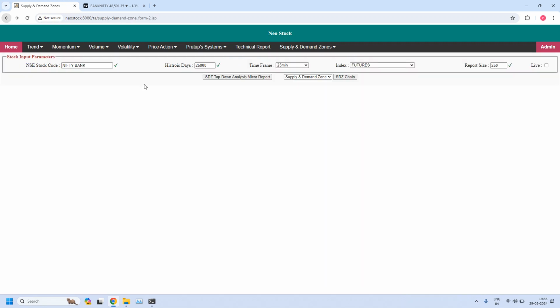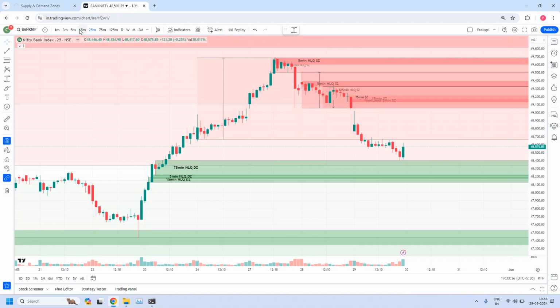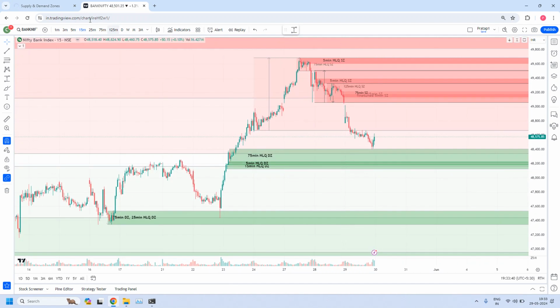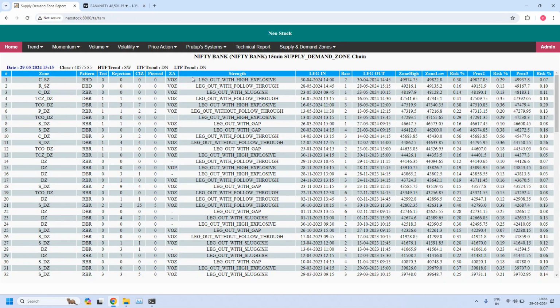Okay, now I'm going back and changing the time frame to 15, because currently the 15 minutes trend is down and we are trading intraday trades based on 15 minutes as ITF. So still the 15 minutes trend is a downtrend.